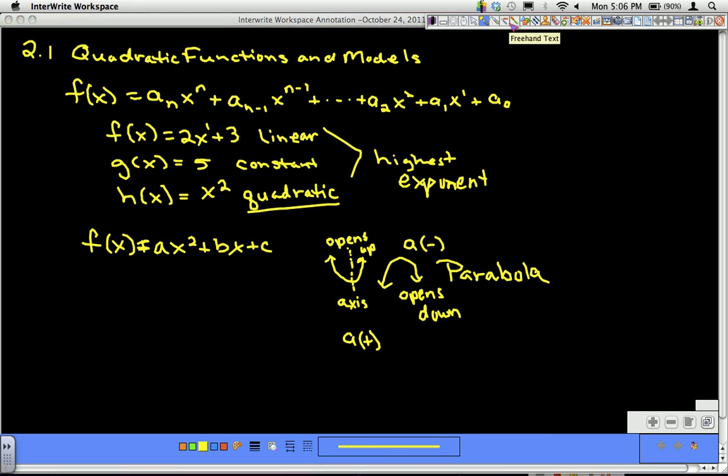Now, one of the general forms that we can deal with here is going to be one that looks like this. One of the easiest quadratics that we know of is one that takes on this form, y equals ax squared. Notice we've dropped any of the following terms in this polynomial.